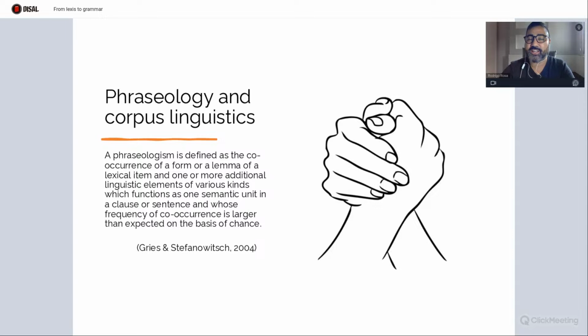So basically, corpus linguistics is an empirical investigation of language, right? It looks at sets of texts that are compiled, put together to serve as a corpus, as a set of data with which we observe the use of language.